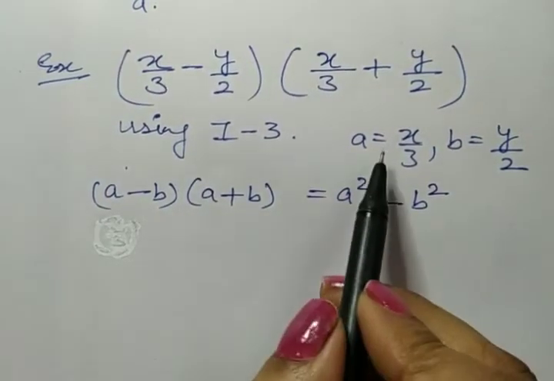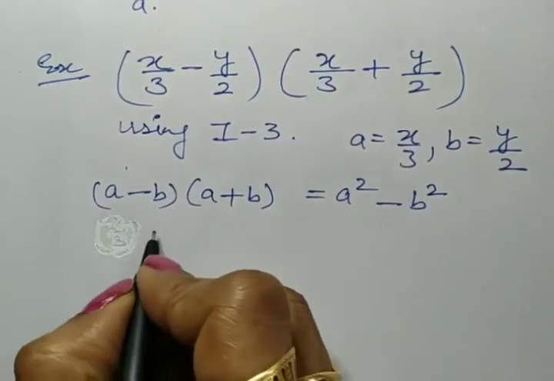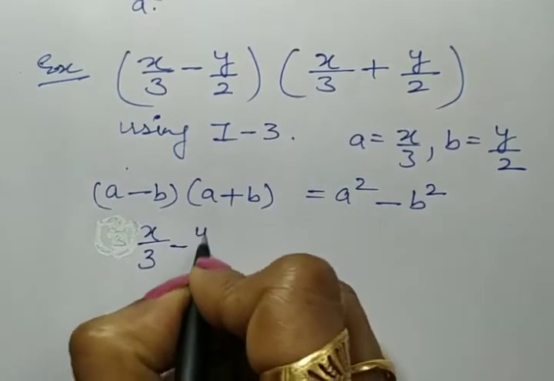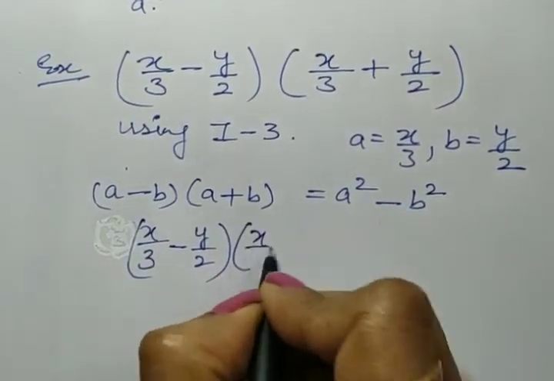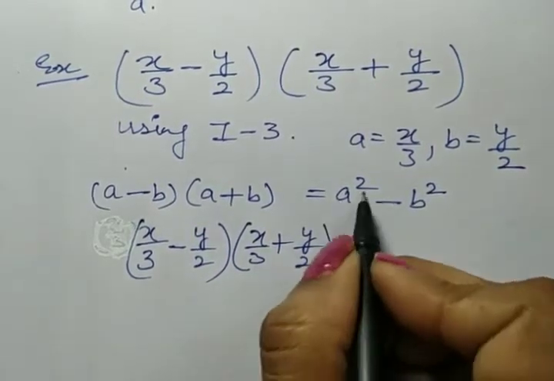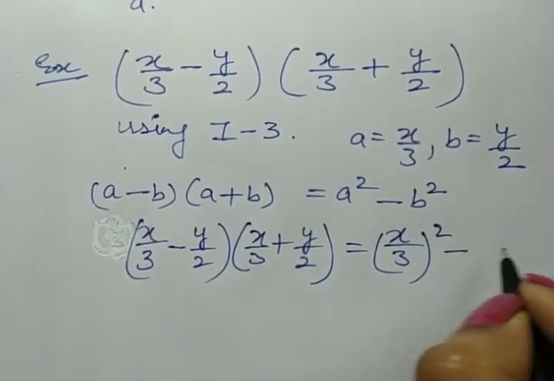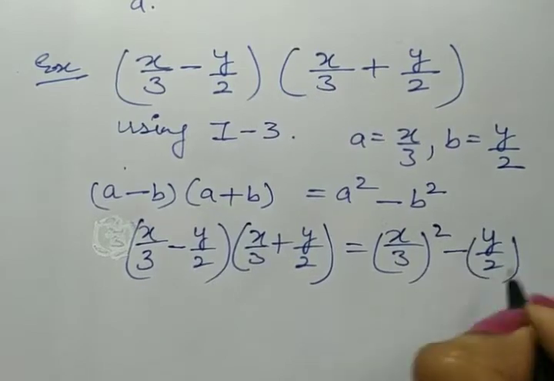Let's put the values of a and b. (x/3 - y/2) multiplied by (x/3 + y/2) equals a square, that is (x/3) whole square, minus b square, that is (y/2) whole square.